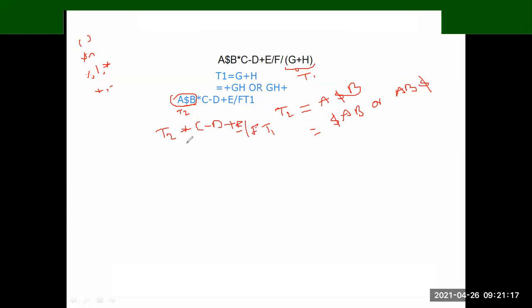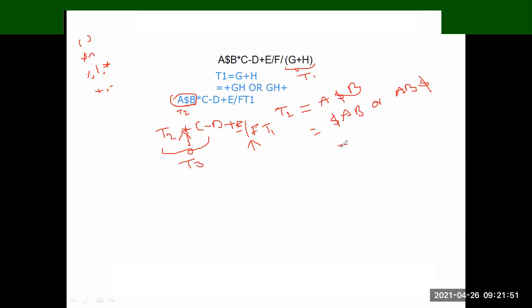We give the same priority to star and by. According to the associative rule, if the same preference is there, we move from left to right. Because multiplication and division are given the same priority, we move left to right, so I am taking this as T3.